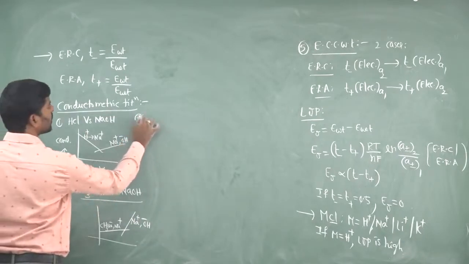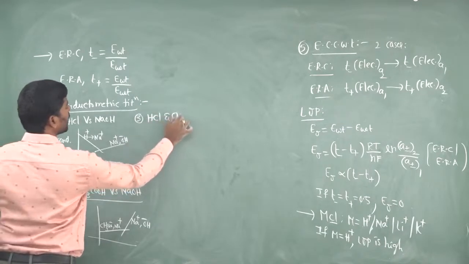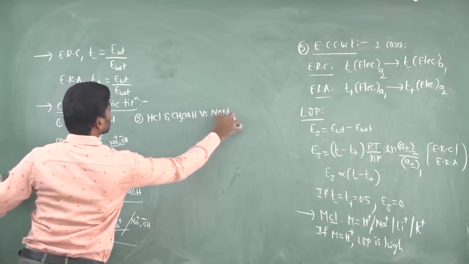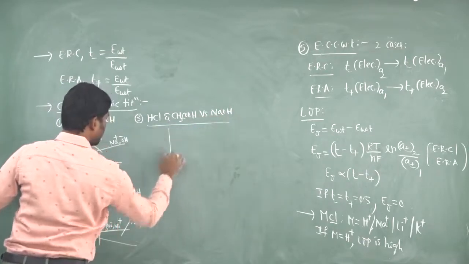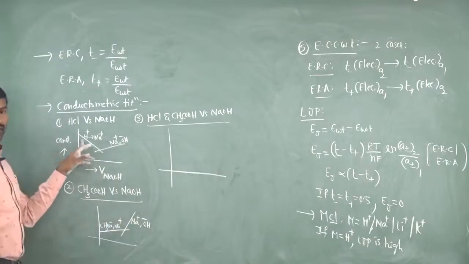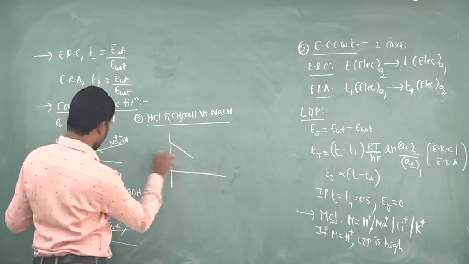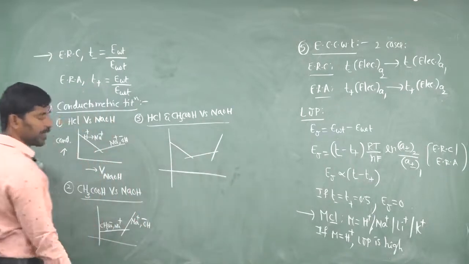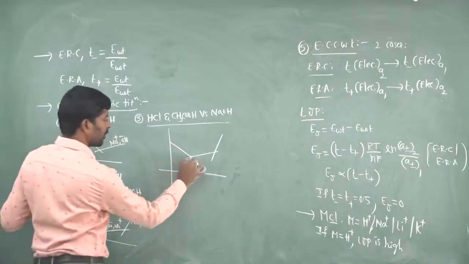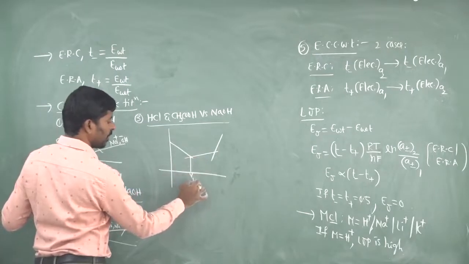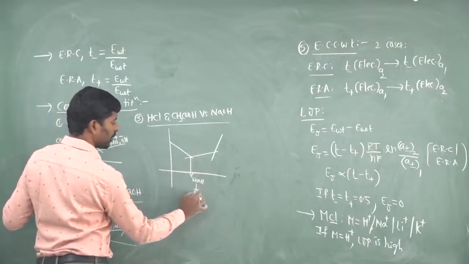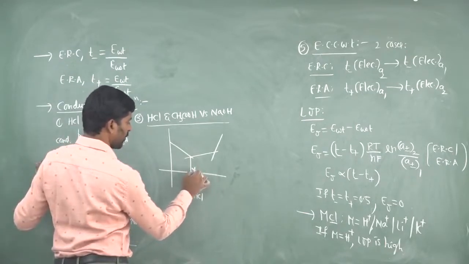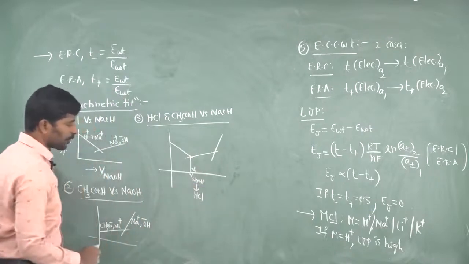Third one, mixture of acids, HCl and acetic acid versus NaOH. First, which one participates in the reaction? HCl, so sharp decrease, then acetic acid slow increase, and after that Na plus and OH minus. V1 is the volume of NaOH required to neutralize HCl.